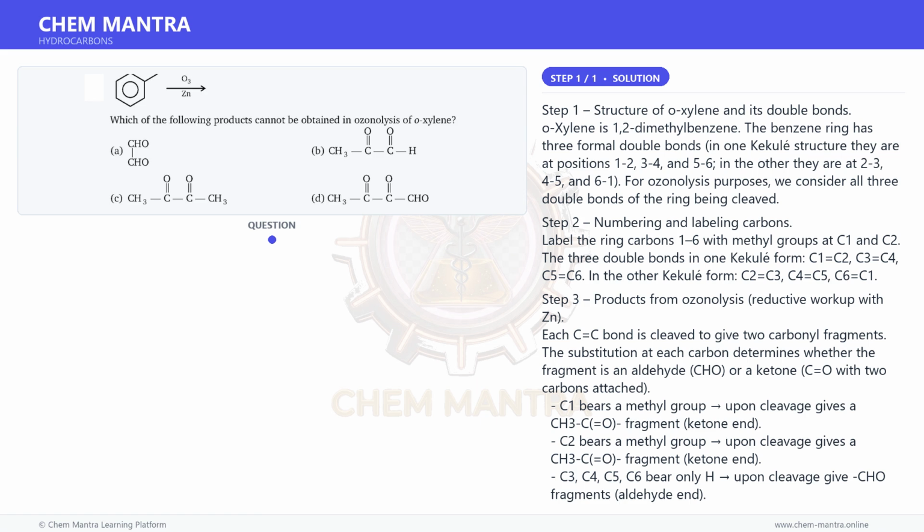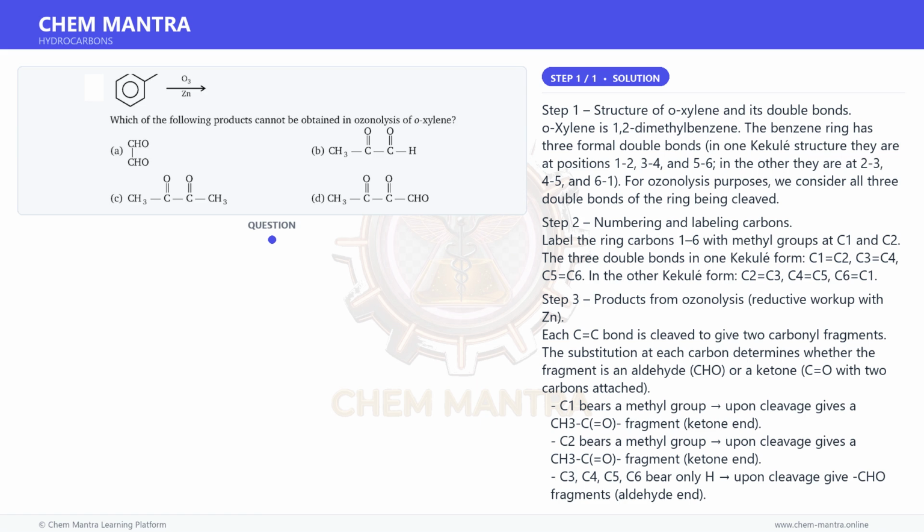Step 3. Products from ozonolysis, reductive workup with Zn. Each C=C bond is cleaved to give 2 carbonyl fragments. The substitution at each carbon determines whether the fragment is an aldehyde, CHO, or a ketone, C=O with 2 carbons attached.